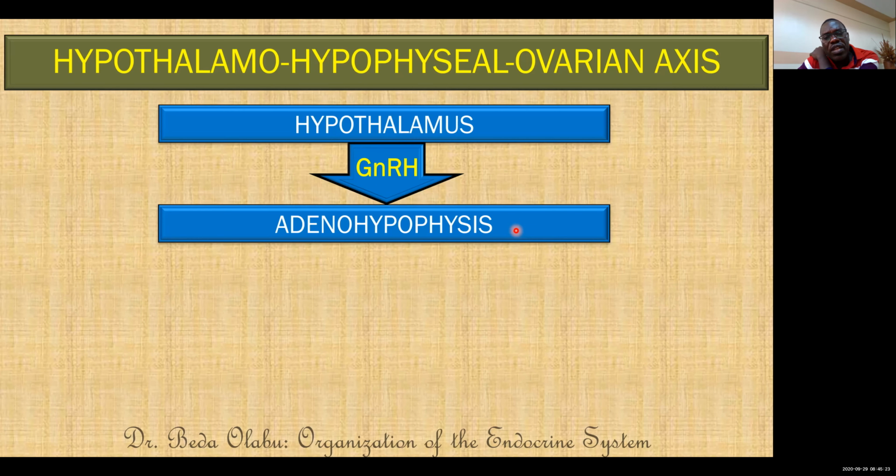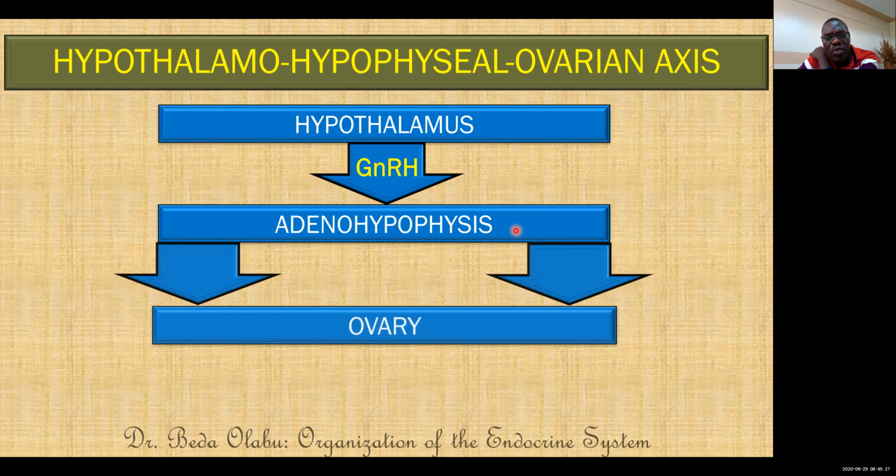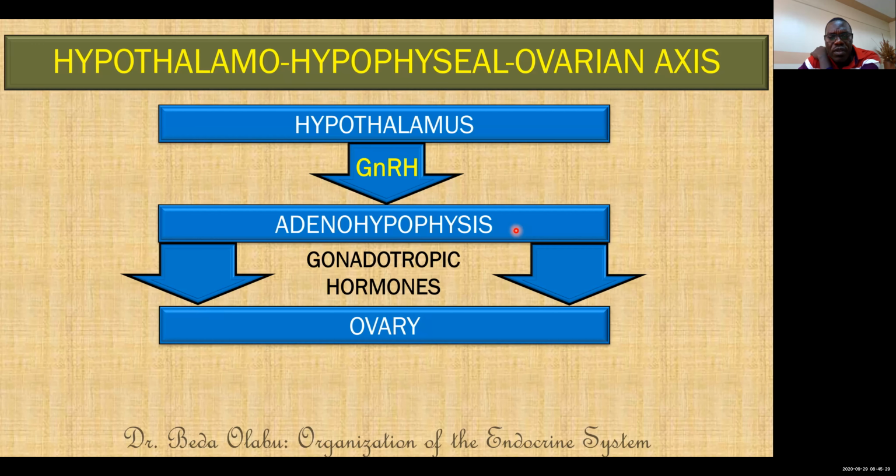So the effect there is to secrete gonadotropic hormones, which then act on the ovary. These gonadotropic hormones are follicle stimulating hormone and luteinizing hormone.